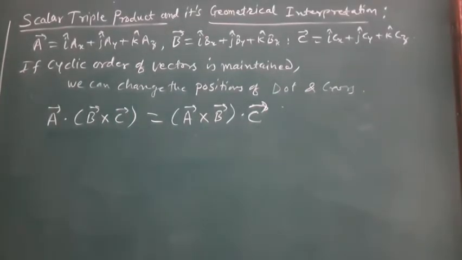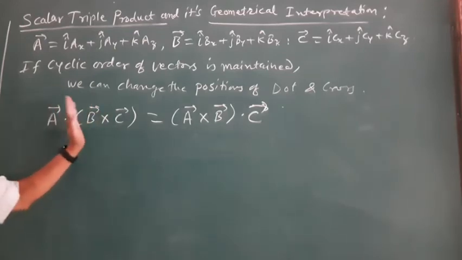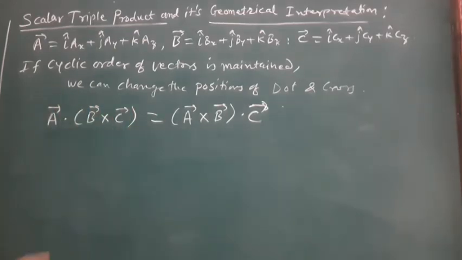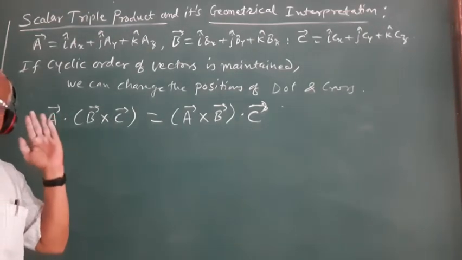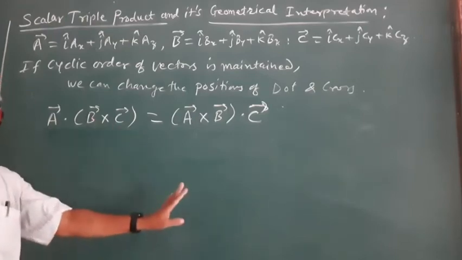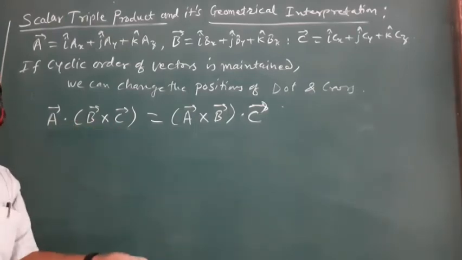Then, what will happen if we change the cyclic order of the vectors? If the cyclic order of the vectors is changed, then the sign of the scalar product gets inverted.